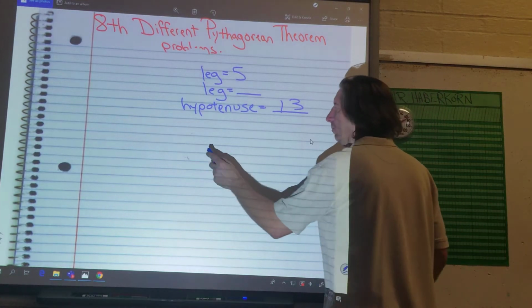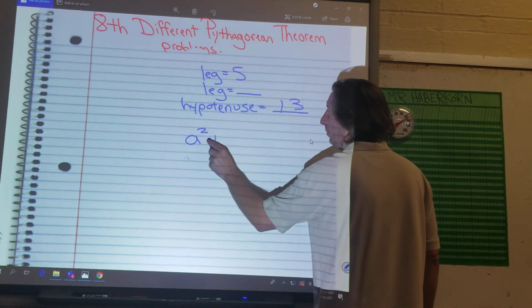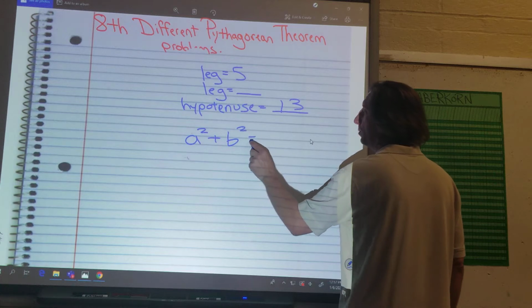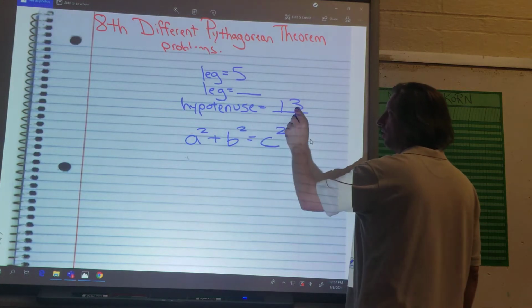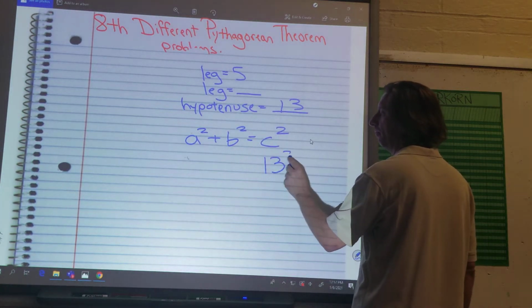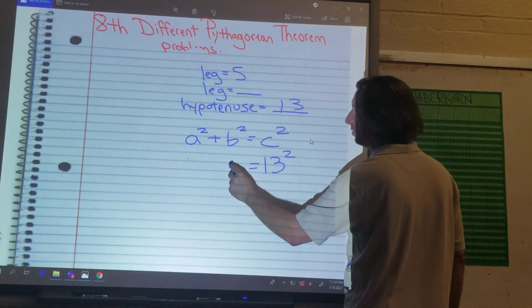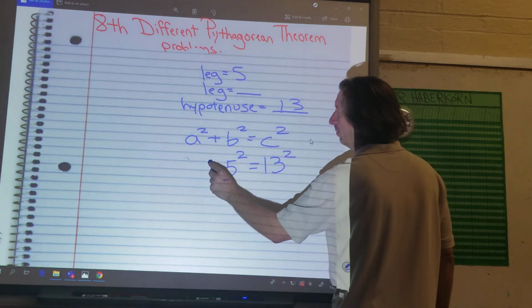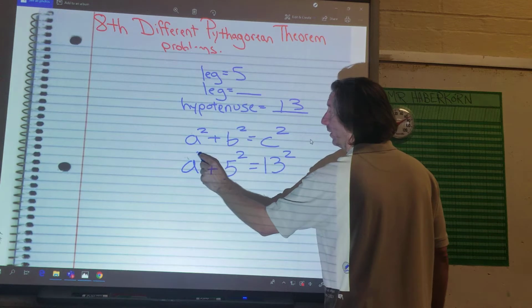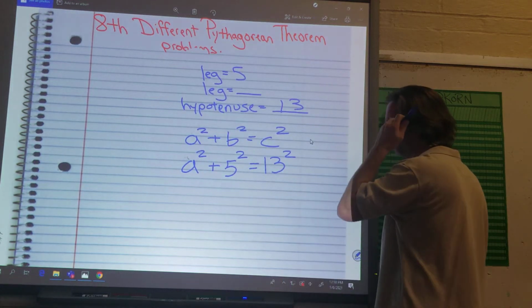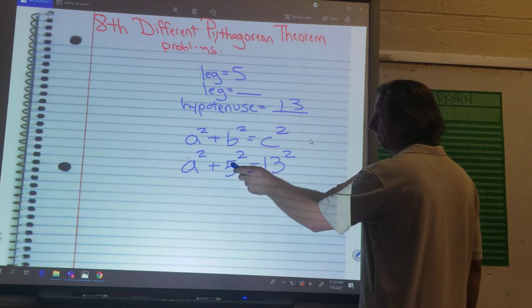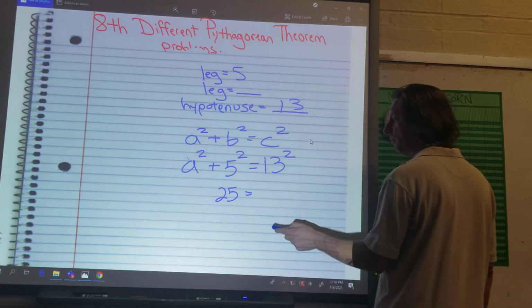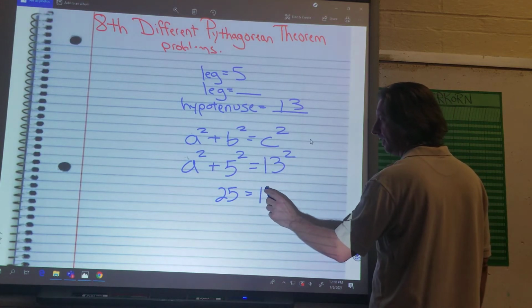So I would say, remember it's a squared plus b squared equals c squared, right? Hypotenuse is always c. One of the legs is 5. And don't forget your squared there, very important. 5 times 5, and don't put 10. It's not 5 times 2, it's 5 times 5. 25. This isn't 26. It's 13 times 13, not 13 times 2. It's 169.